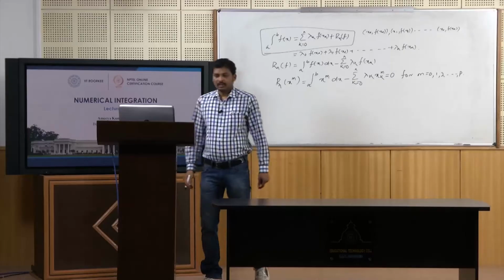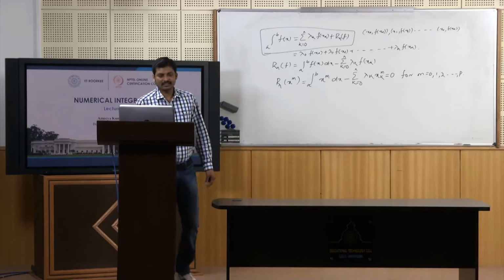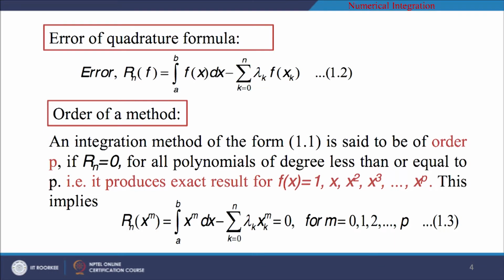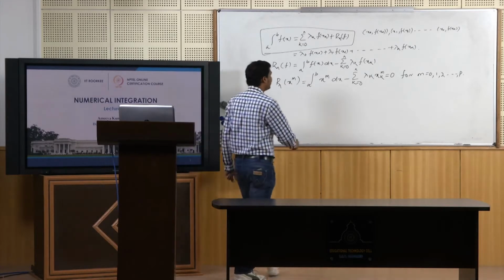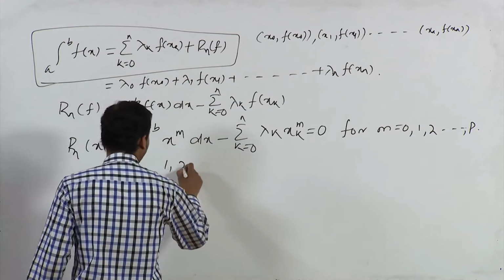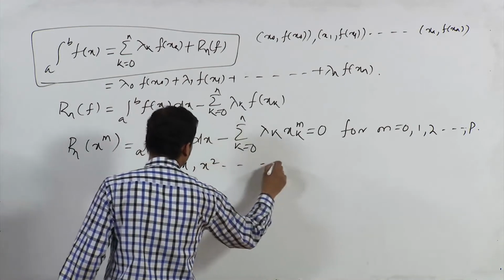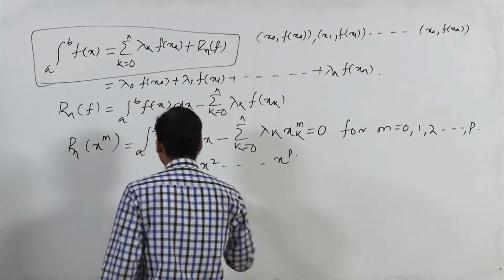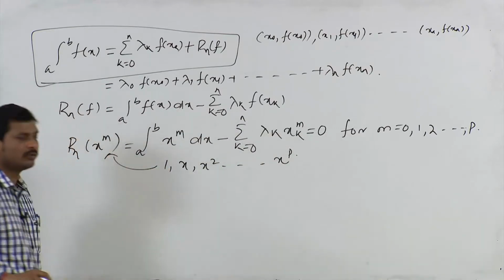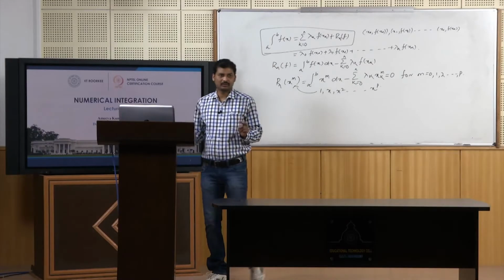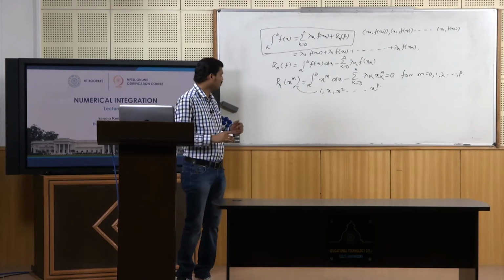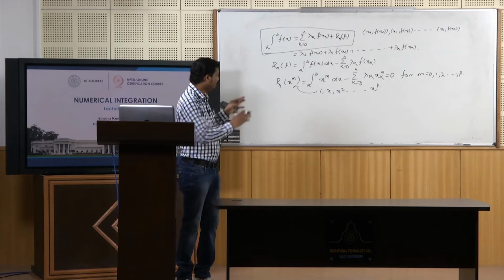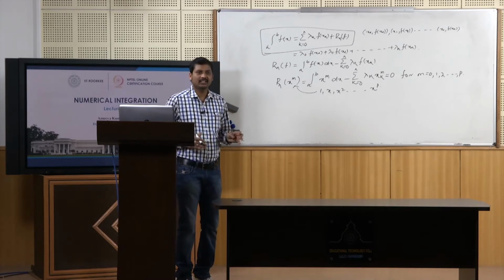Then we say this integration method is of order p. If we put 1, x, x square, up to x to the power p, exactly this value will give 0. That is why it is said to be of order p. And if we try to find the error term, the immediate next term, if we consider it, will provide the error term.